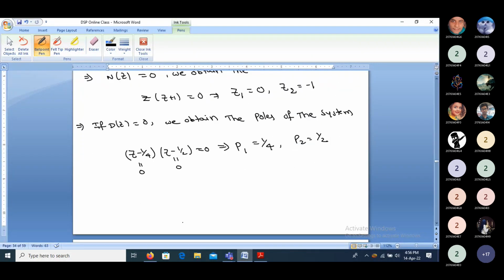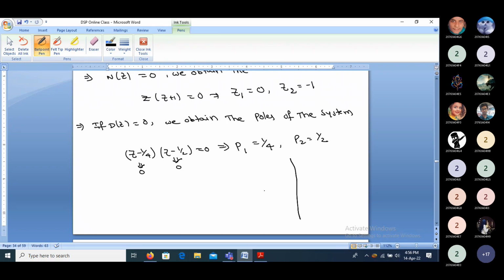Okay? Suppose here z plus 1 by 4 is there, at that time the pole is equal to minus 1 by 4. Okay. So these are the poles. Now we can plot the pole zero plot.